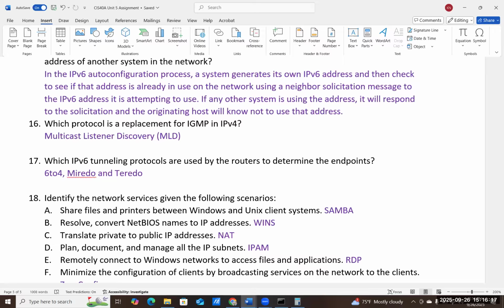So the replacement from version 4 into version 6 is multicast listener discovery instead. They did transition it to a different protocol because I think there's a huge improvement from version 4 into the listener and discovery.